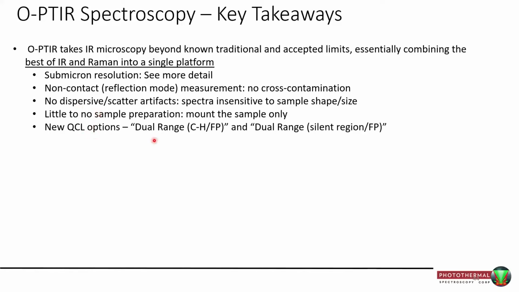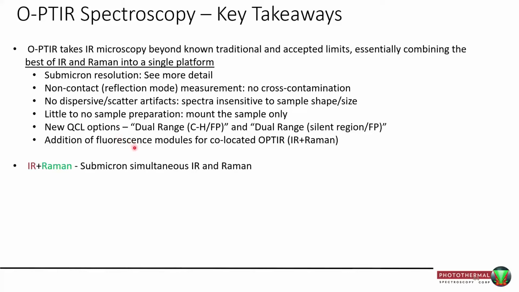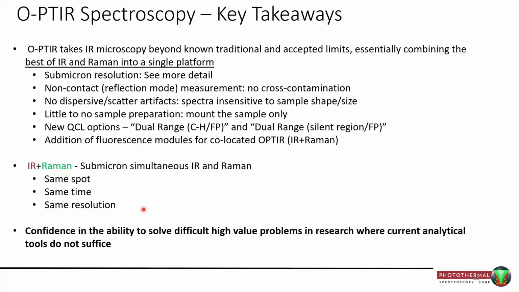Little to no sample preparation, lots of new QCL options opening up new spectral ranges, and recently we're also starting adding fluorescence modules as well, so you can actually now do co-located fluorescence and O-PTIR. And I'll finish with this again, same spot, same time, same resolution with infrared and Raman.